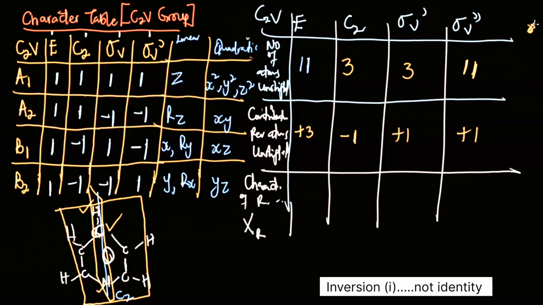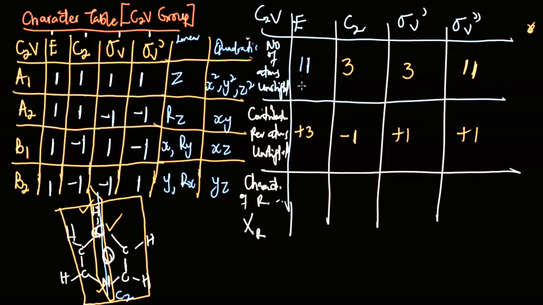So identity is negative 3. So let's get the character of the reducible representation. So this one is 33, this one is minus 3, this one is positive 3, and this one is positive 11. So basically the character of E is 33.